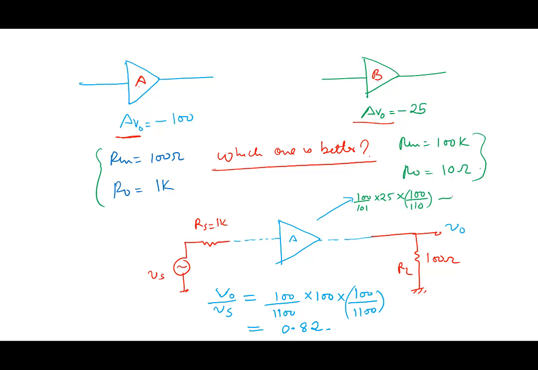So this gives me 100 by 110 into 25, roughly 22.7, about 22.5. The second one gives you an overall gain of 22.5.